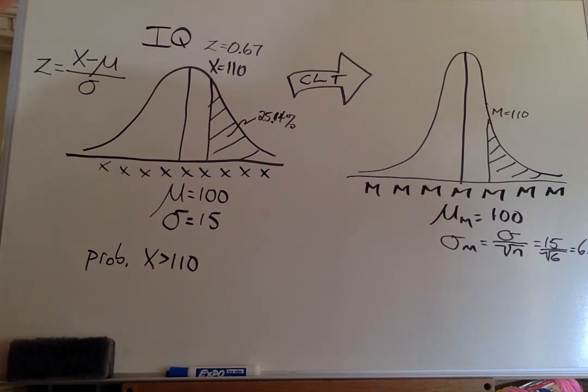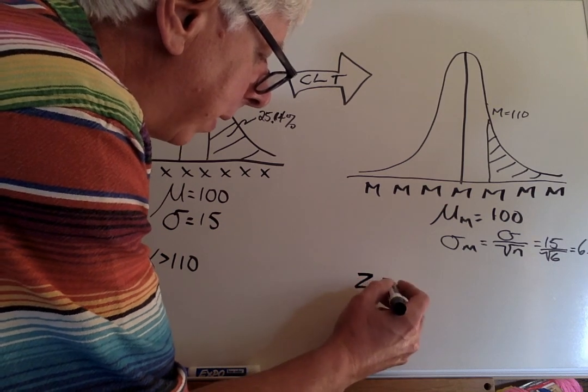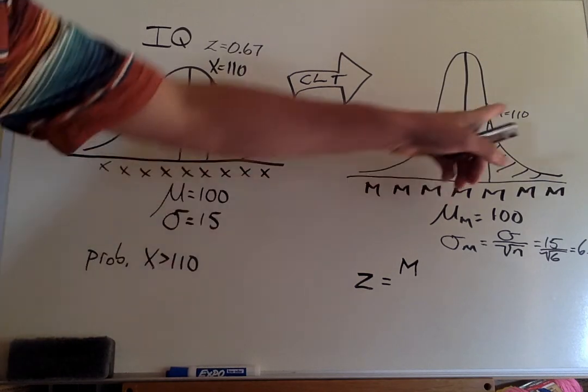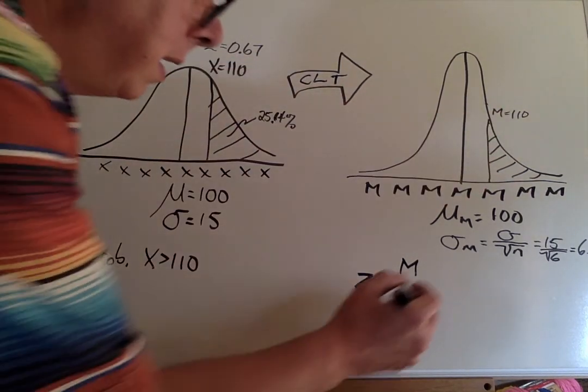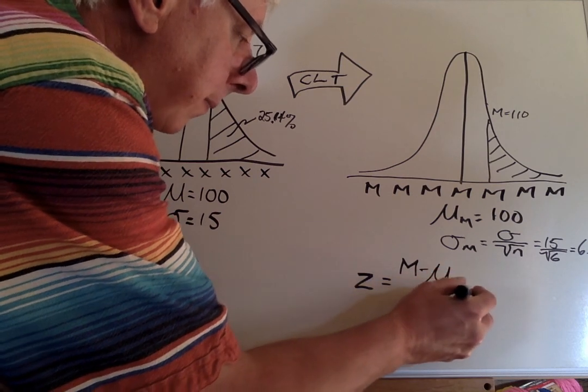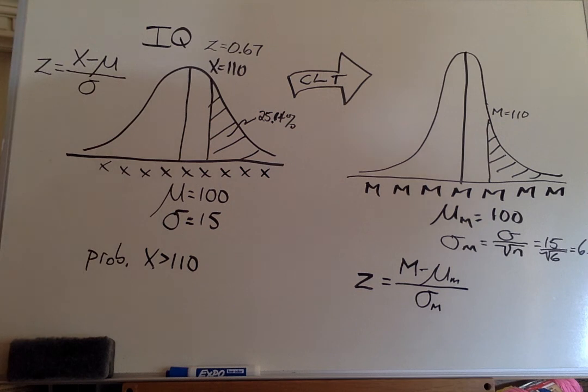It's the same logic. We're going to use the z-score table. But we're going to change this up a little bit. We're going to say, how far is the mean that I'm talking about from the mean of all the means? And then I'm going to divide by the standard deviation of all the means.